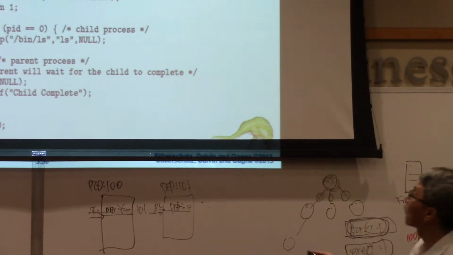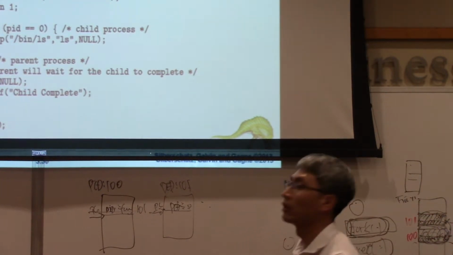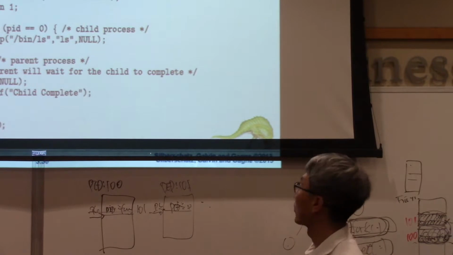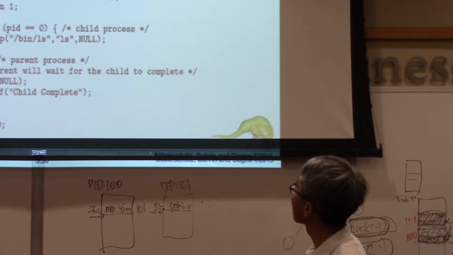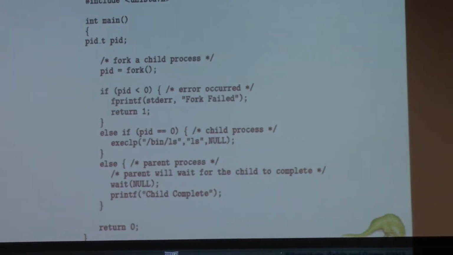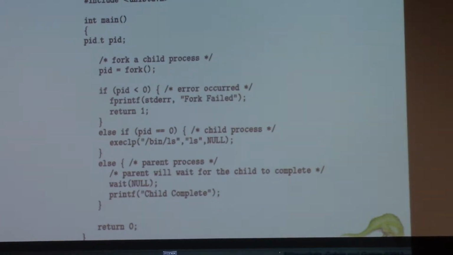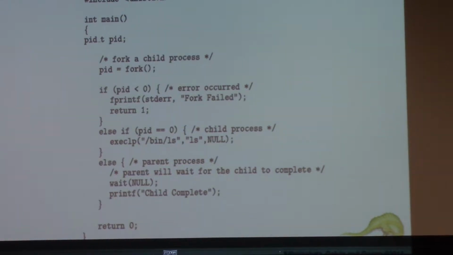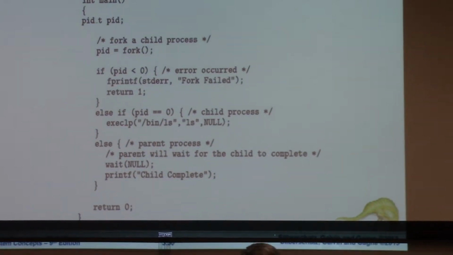Let's follow the parent process first, process ID 100, and check the PID. Before that, if you cannot find the resource, for example there's no memory so the allocation failed, then at that time PID will be a negative value.